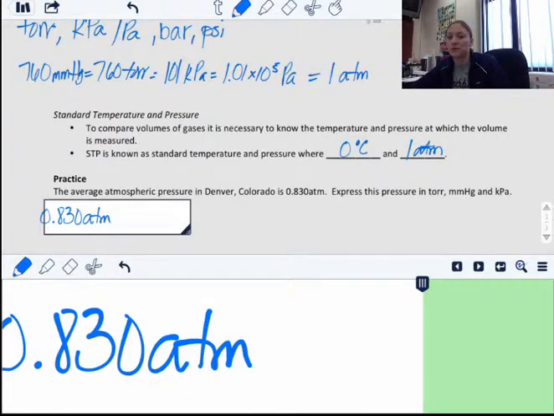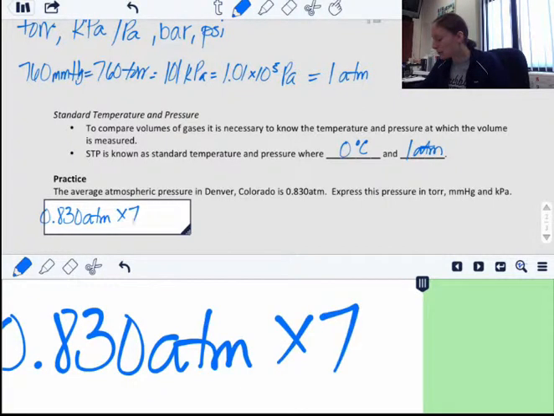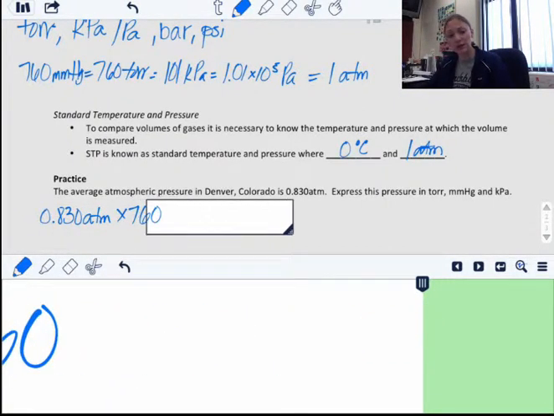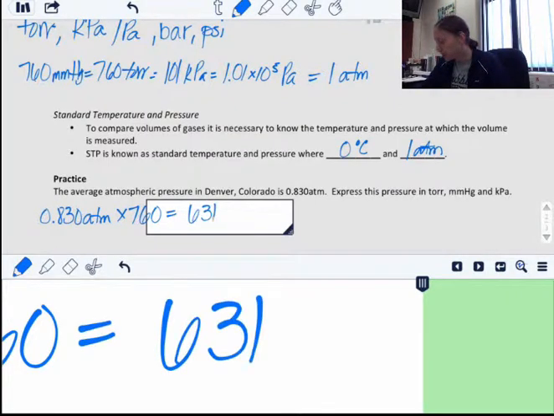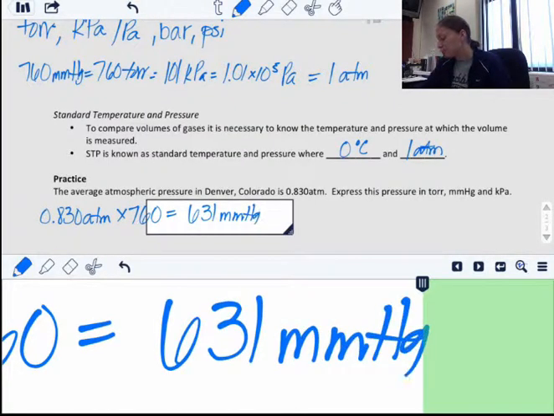We have less than an atmosphere, so my number needs to get smaller. Right now I would just think that I need to multiply, and it should be just under 760. So I multiply by 760 because there are 760 millimeters of mercury in an atmosphere, and I get my answer to be 631 millimeters of mercury.